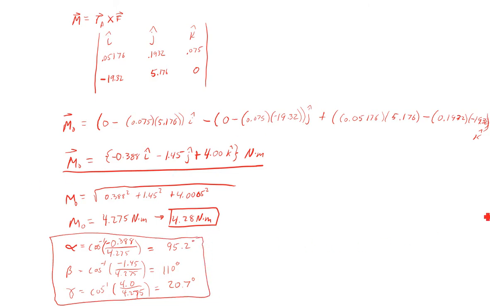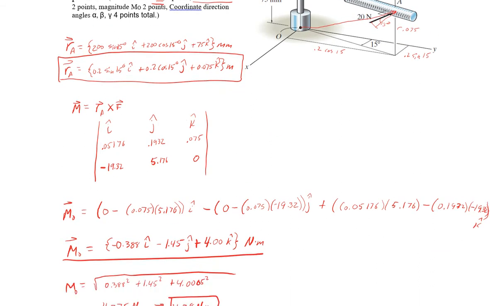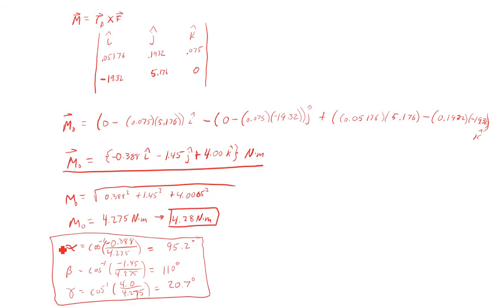Our approach here, again, was to get a position vector from O to A, then cross that with our force vector. And that got us our moment in Cartesian vector notation. To get the magnitude of that moment, we took the square root of each of those components squared. And then lastly, to get our coordinate direction angles, we took the x component, or the I component, over the magnitude and took the arc cosine of that.